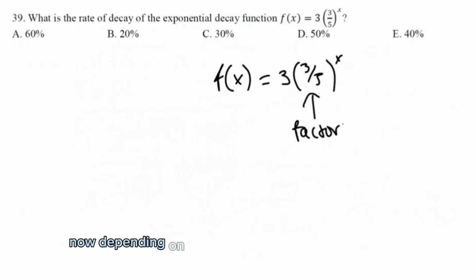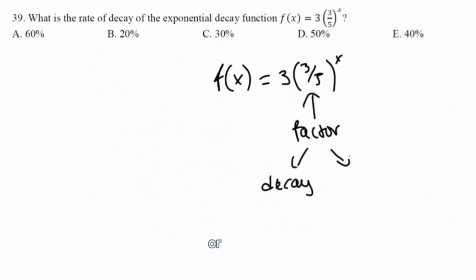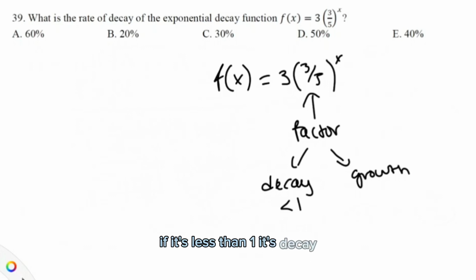Now depending on the size of the factor, it's either decay or growth. If it's less than 1, it's decay. If it's greater than 1, then it's growth. Alright, now we need to see which one it is. So 3/5 is less than 1, which means 3/5 is the decay factor of this exponential function.